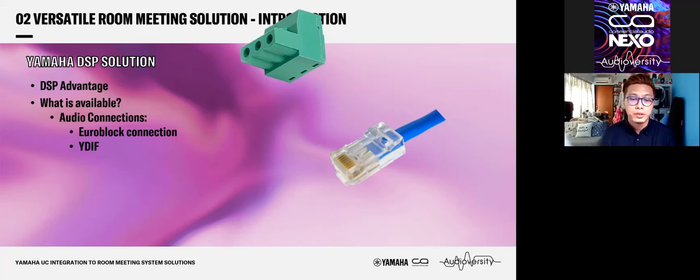The maximum cable length for connecting these devices using this YDIF is 30 meters. However, do take note that control signals cannot be sent via this YDIF. It has to be via a separate network port on our DSPs. There's a dedicated control port on our DSP system.